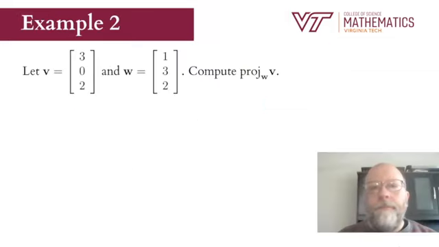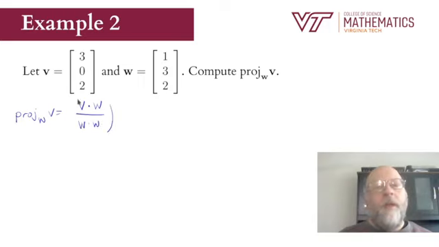All right. So we have these two vectors. Let's compute the projection. So here's our definition. The projection of w onto v is the dot product of both vectors divided by the dot product of w with itself times w. So w shows up 4 times in this formula and v only shows up once.